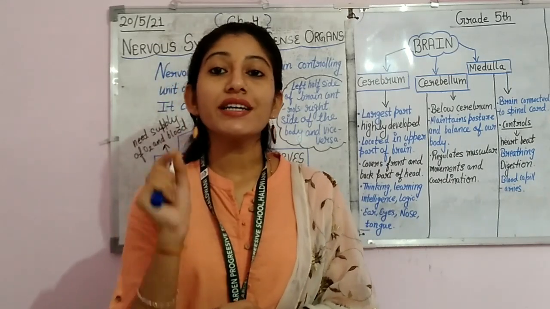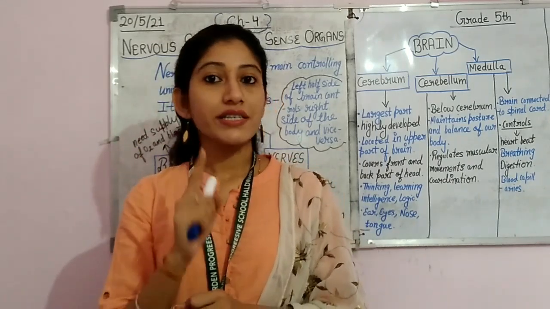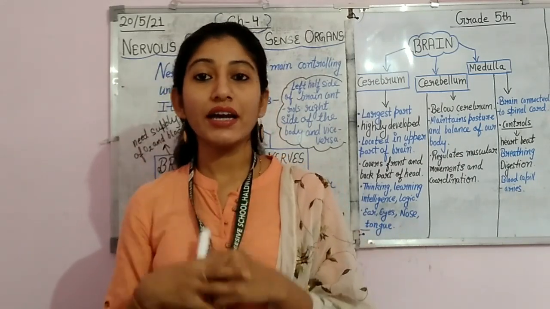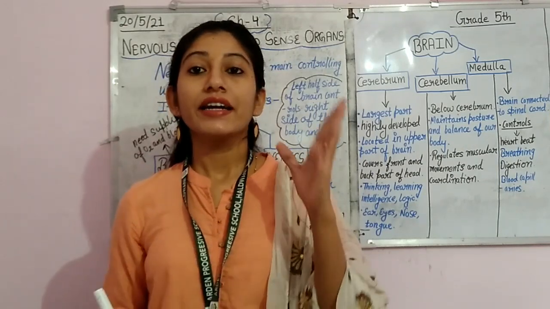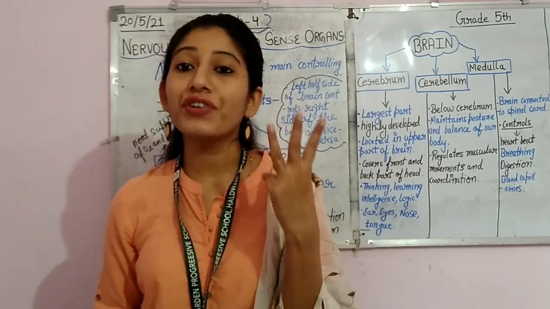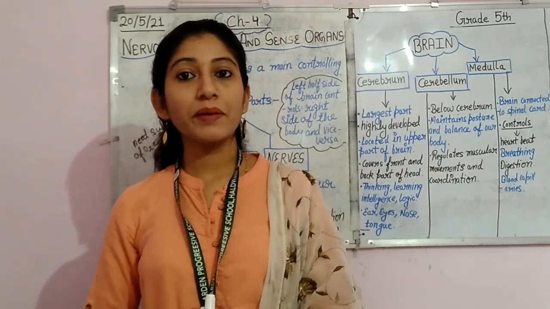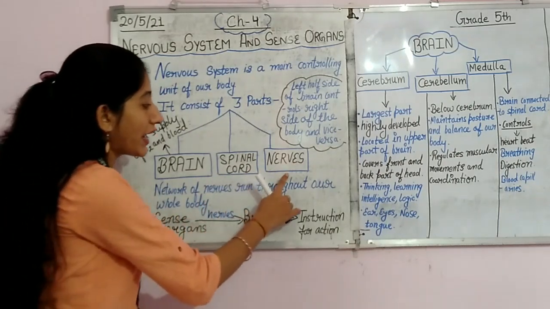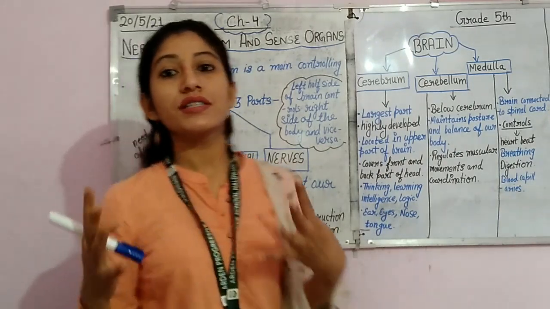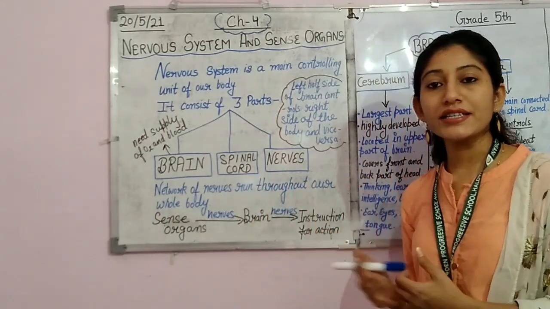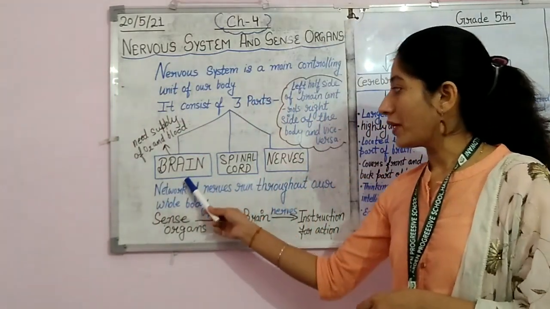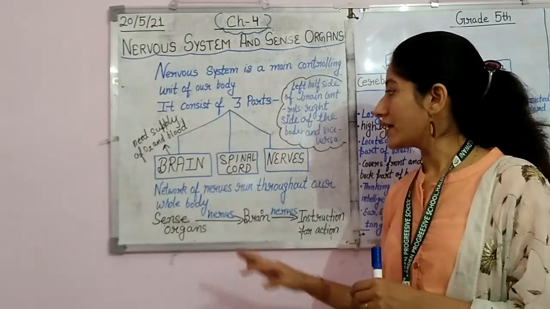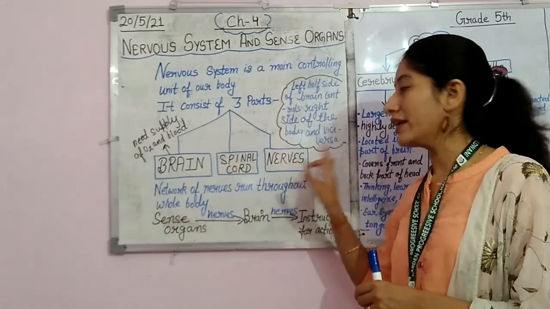As I told you, it is a nervous system. A system consists of more than one item. Similarly here also, we will see that the nervous system consists of 3 parts. What are these 3 parts? These are the brain, spinal cord and nerves.